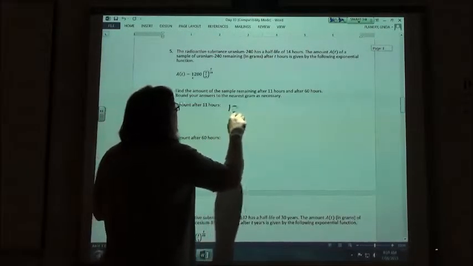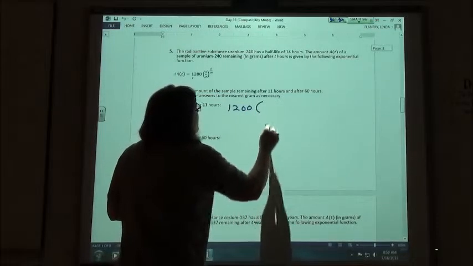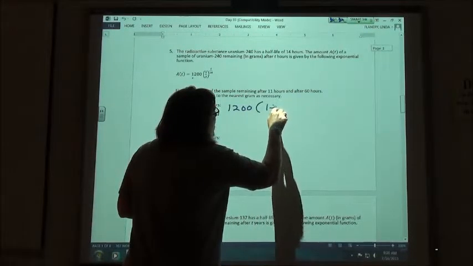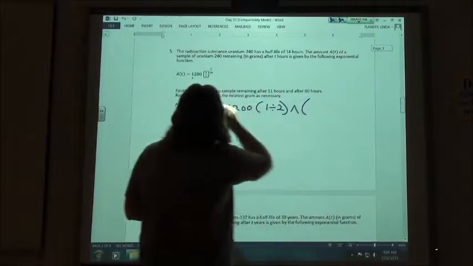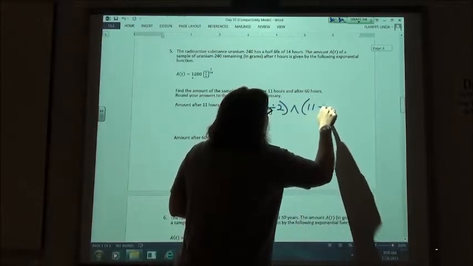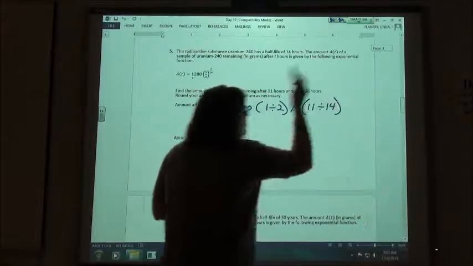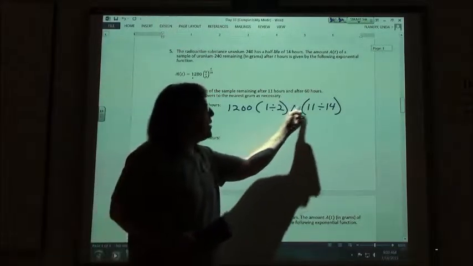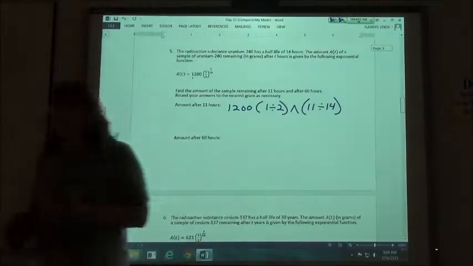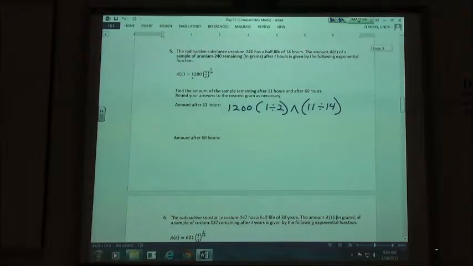So you're going to put the 1,200 parentheses 1/2 or 1 divided by 2 caret, and then the t is 11 hours, so 11 divided by 14, or you could use the fraction button either way. But you need that extra set of parentheses because otherwise it'd do the exponent before it did dividing, and so we have to make sure it does the dividing first.